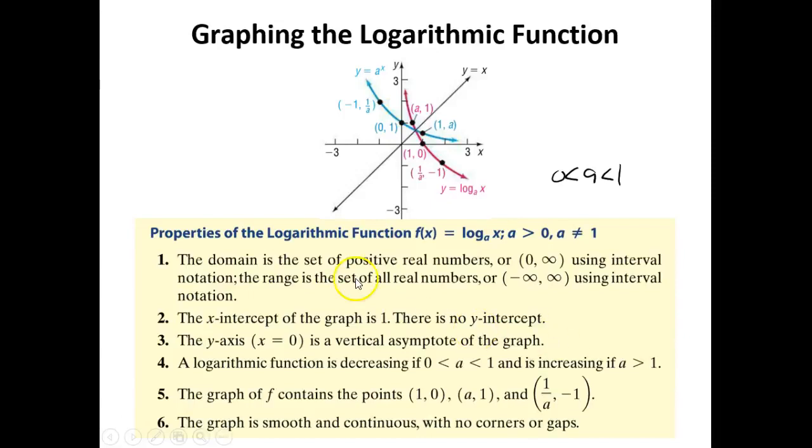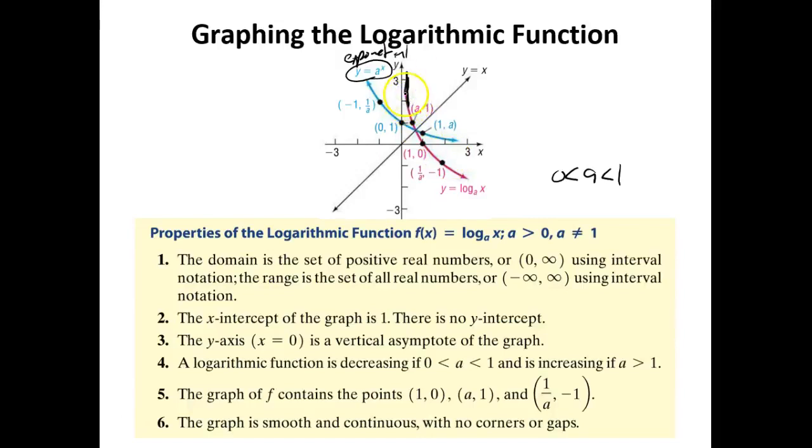The domain is the set of positive real numbers, or 0 to infinity. Notice how in this graph we have y is equal to a to the x. This was the exponential, and then the logarithm is the inverse.